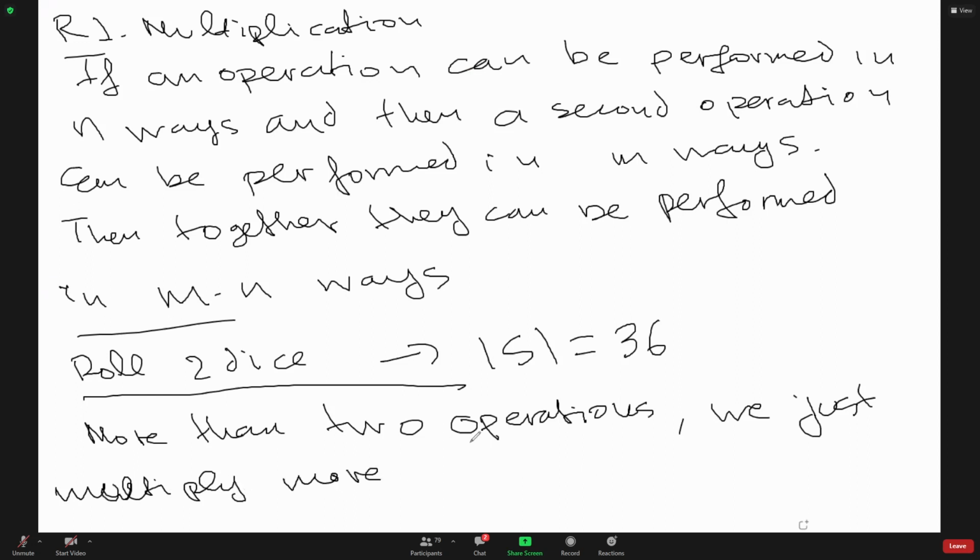So if we roll 2 dice and then flip a coin and then roll another dice, etc., we will just multiply 6 times 6 times 2 times 6, right? Okay. Questions? No questions.